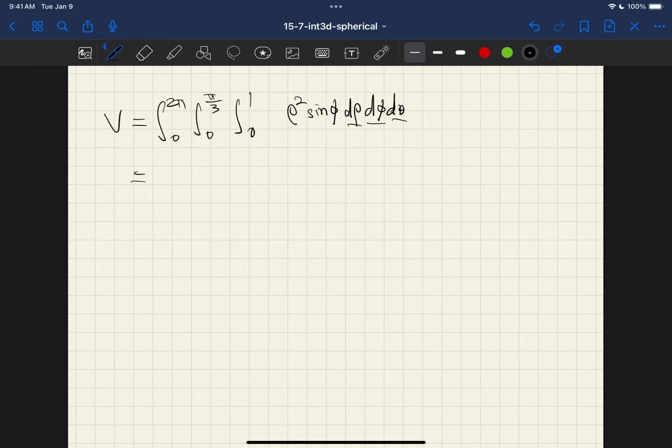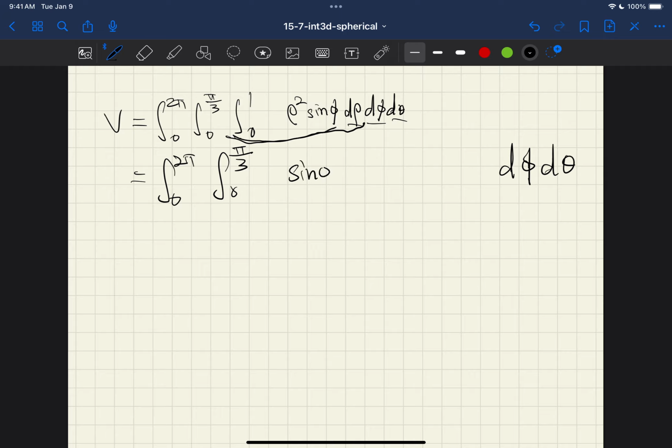And we do this from the inside. So outside I will just copy d phi d theta. If you calculate this part, sine phi has nothing to do with rho, right?